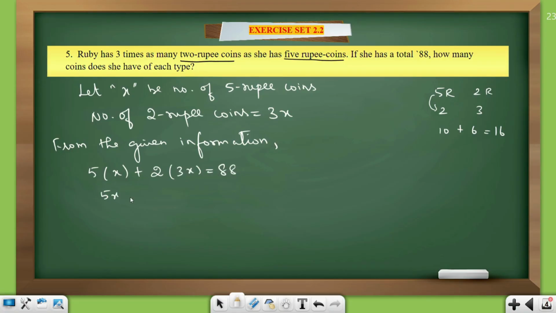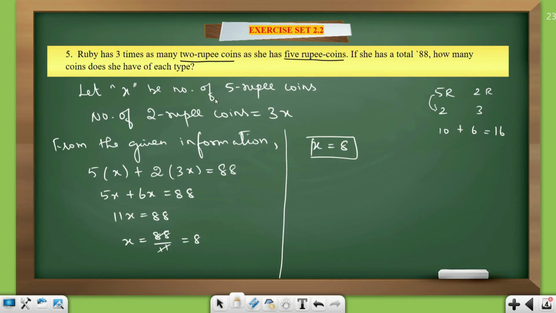So 5 times x is 5x and 2 times 3x is 6x, which equals 88. So 5x plus 6x is 11x, which equals 88, and x equals 88 upon 11, which is 8. So you got the value of x as 8, which means the total number of 5 rupee coins that you have is 8.